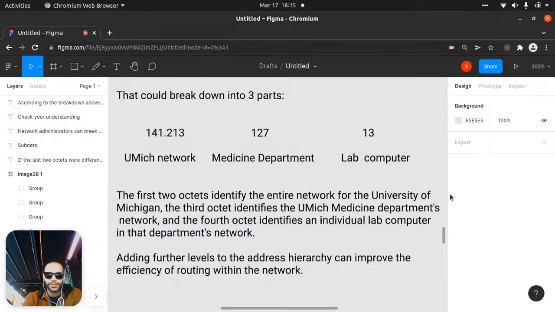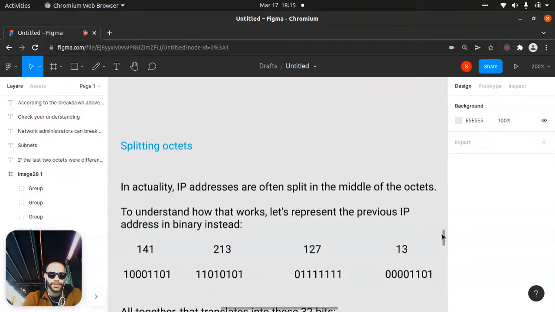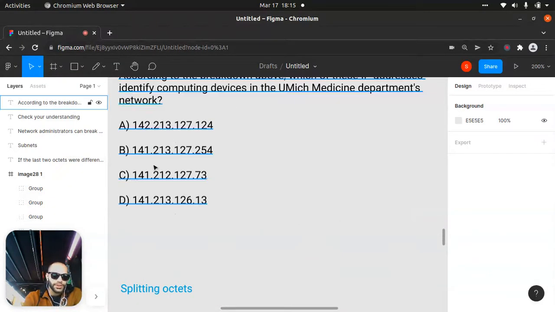Don't confuse. Here we have 13. Just don't confuse about 13. Just come here and see this 141. And see 213. So this one, and let's go 128, and this one will be our possible answer.